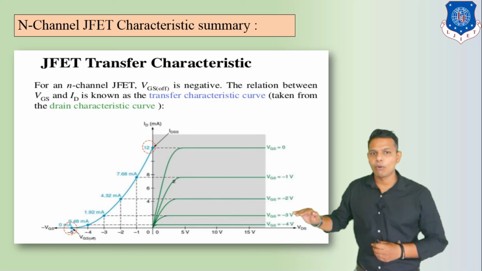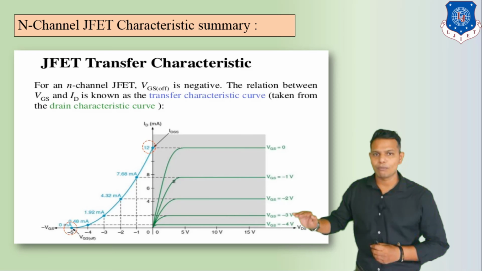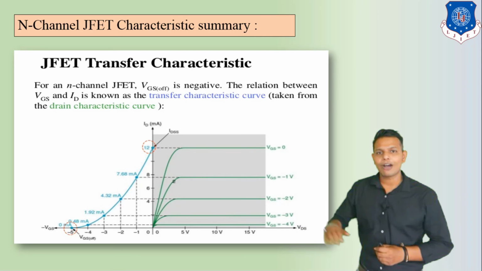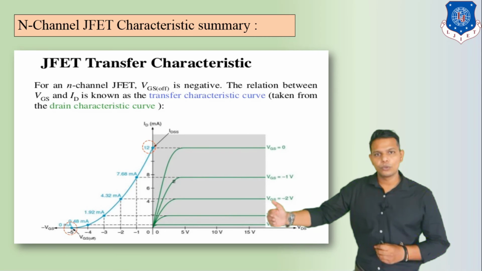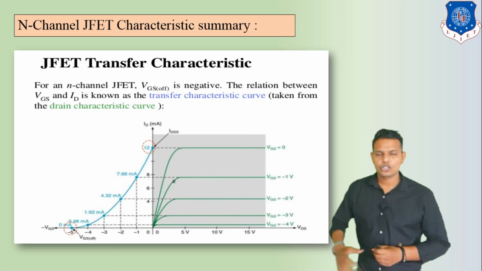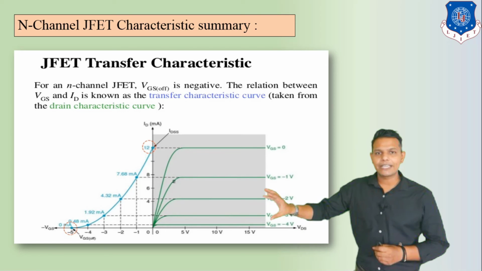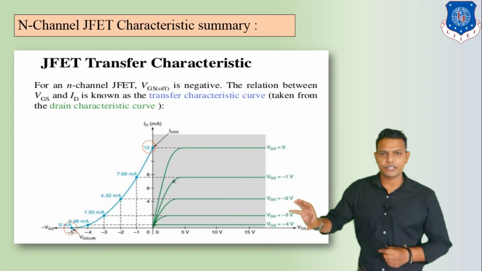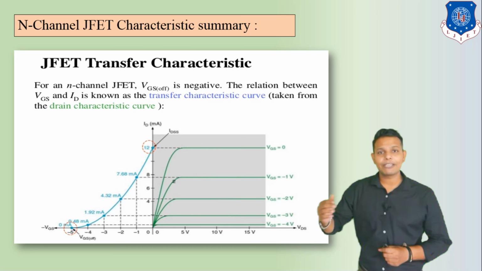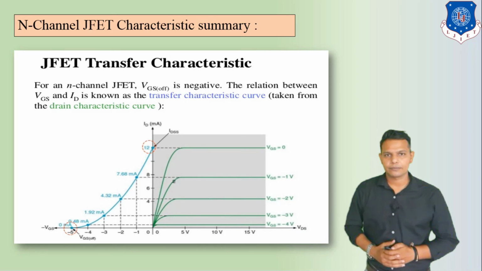Then if we reduce VGS more and more, VGS equal to -2 volt, -3 volt, and -4 volt, at this time the ID graph goes down further. Like this, we can plot transfer characteristics from the drain, or output, characteristics.